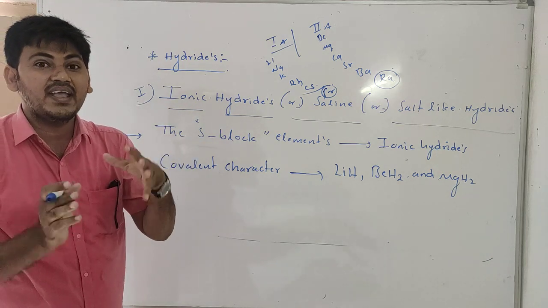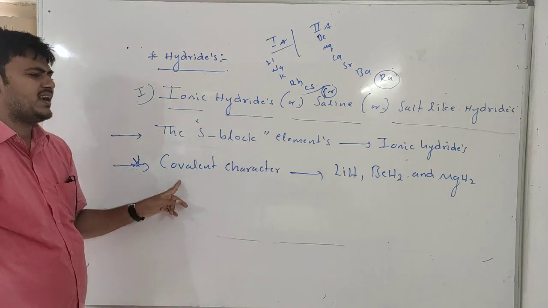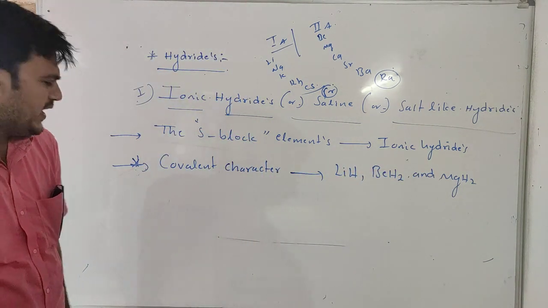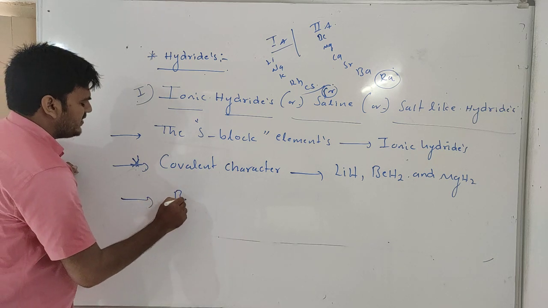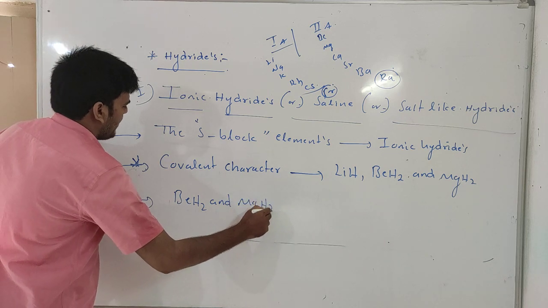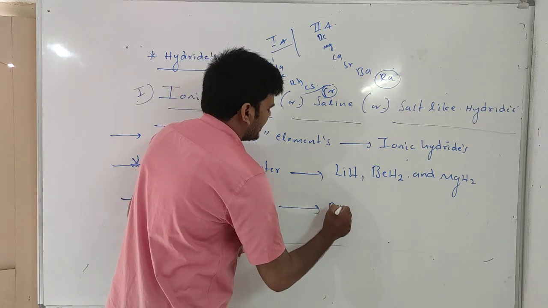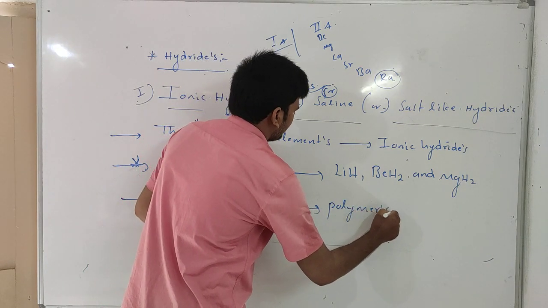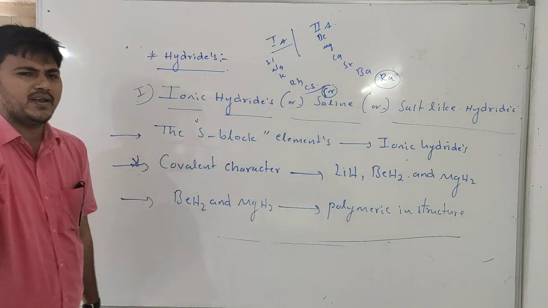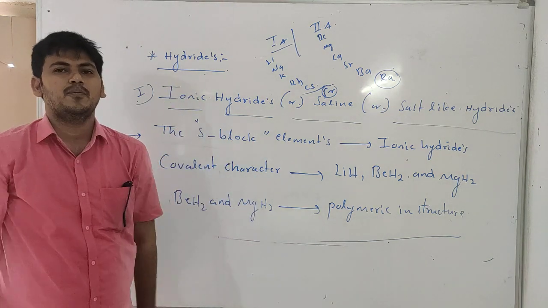The significant covalent character, a very important point, is found in lithium hydride, beryllium hydride, and magnesium hydride. And most important point, beryllium hydride BeH2 and magnesium hydride MgH2 are polymeric in structure.